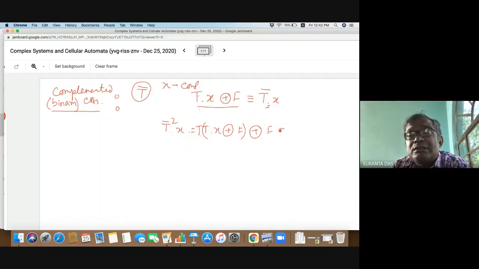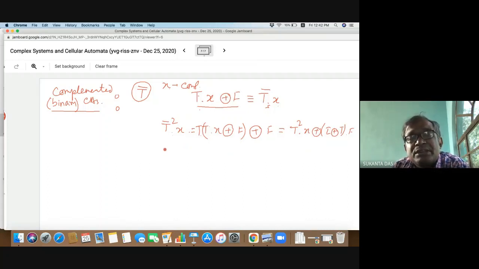So this is actually T square into X plus I plus T into F. This plus is actually a XOR, but I shall write it as plus.